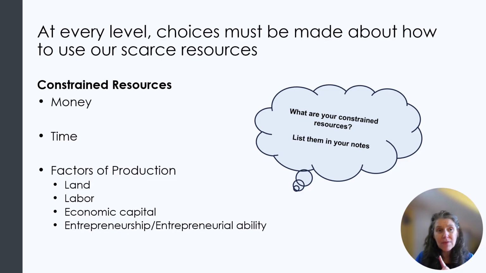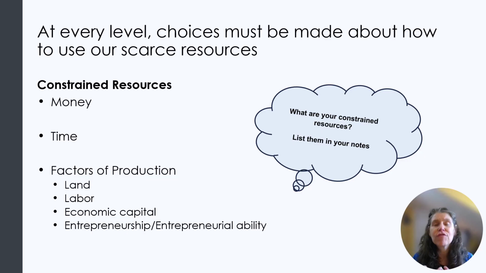We also talked about how our resources might be constrained, whether it's one of those factors of production. We only have so much raw material, so many workers, so much ability and comfort, or our money to buy economic capital or hire labor or get raw materials, or our time to see a project or an idea through.